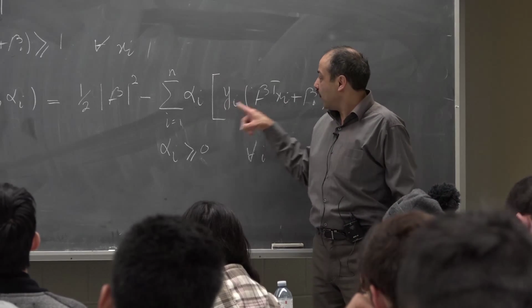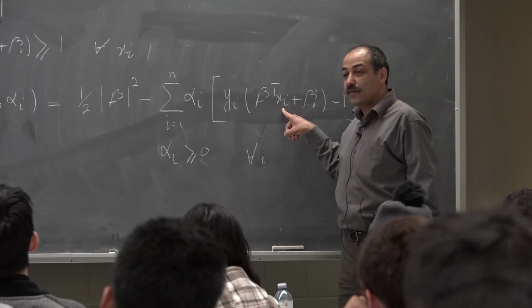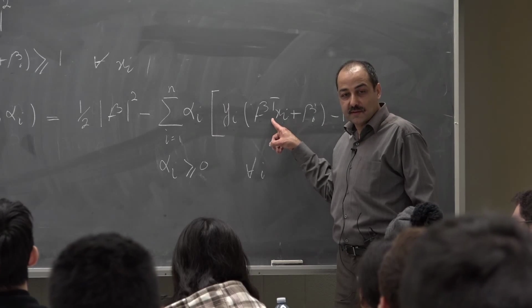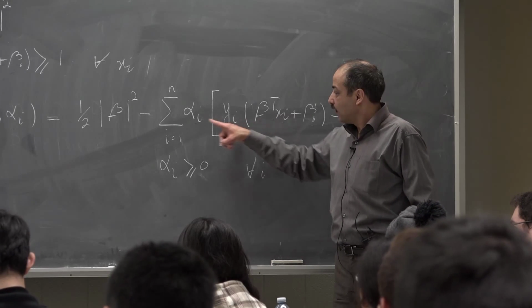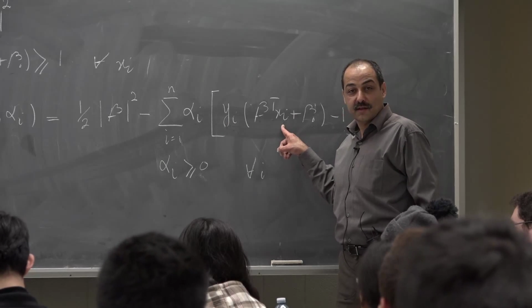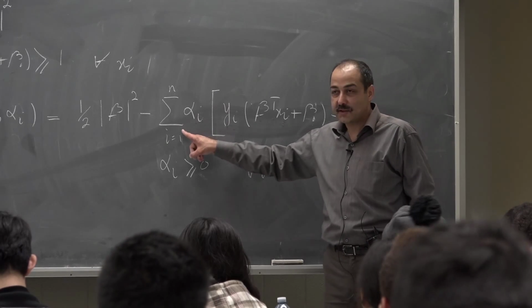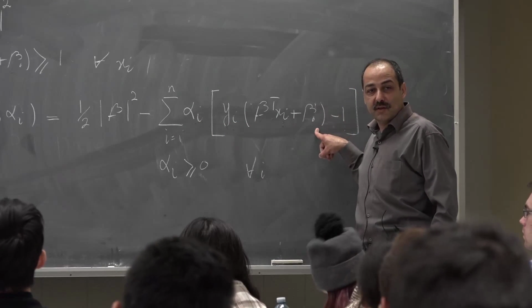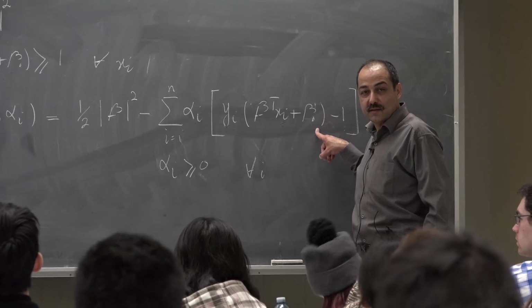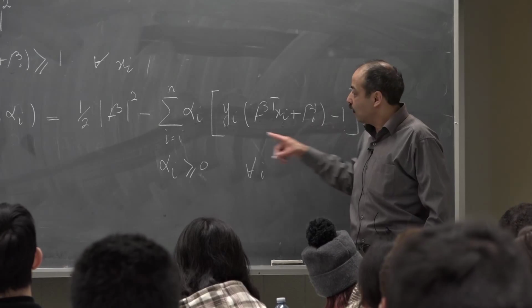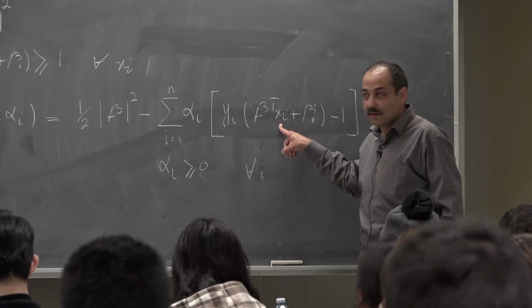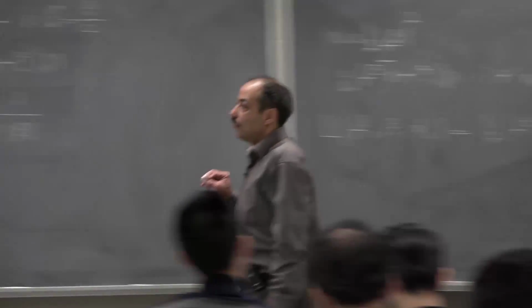So alpha i yi beta transpose xi with respect to beta would be alpha i yi xi, right? And it has a summation, of course. And I have another term, alpha i yi beta null, with respect to beta is 0, right? So here I only have one term, alpha i yi xi, when I take the derivative with respect to beta.